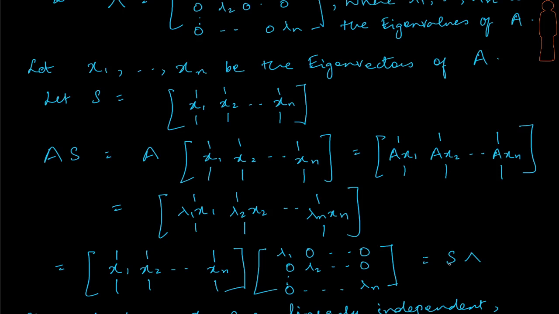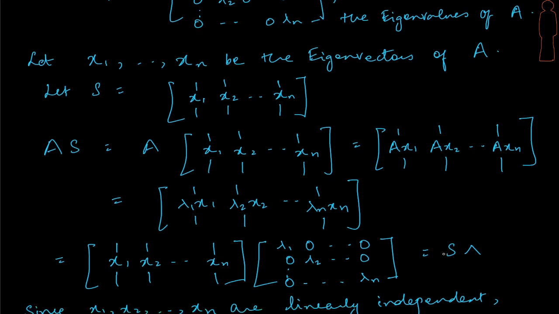From here we can apply S inverse on both sides, and therefore we get S inverse times AS to be lambda. But for S to have an inverse, we must be sure that it has n pivots. Here comes the important fact.